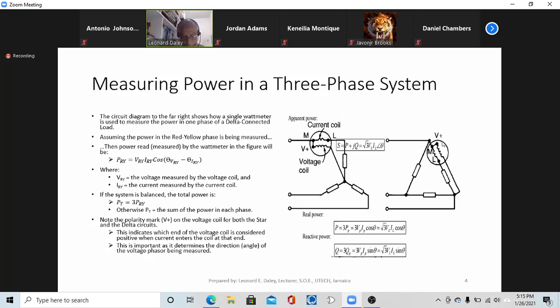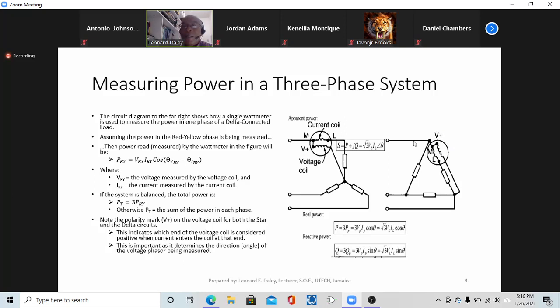So when we later on when we doing transformers and that kind of thing, you will also see that. The polarity mark could be a dot or it could be this plus here. So this is telling you that when current enters at this terminal through this at this point, this end is positive with respect to the other end.